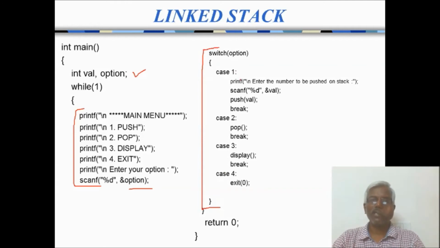Case 1 goes for push operation, case 2 for pop operation, and case 3 for display, and finally exit, a return statement, and closing curly braces. What next? We go for the definition of the push function, the pop function, and the display function.